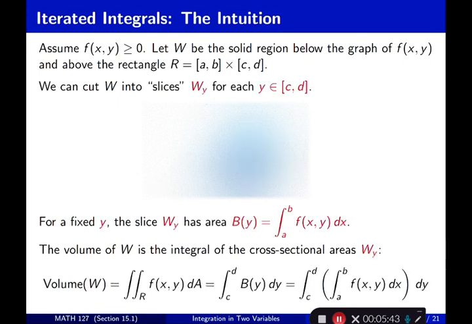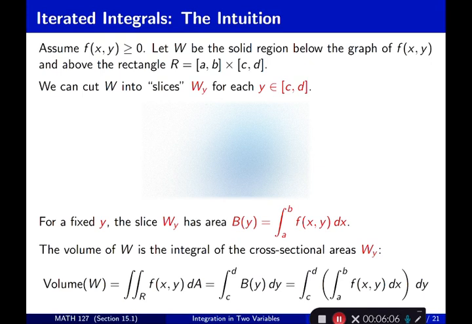From the GeoGebra sheet that we saw, we realized that we can switch sides, and this is that story. Assume f of x and y is bigger than or equal to 0. Let W be a region below the graph of f of x and y and above the rectangle R equal to [a, b] times [c, d].